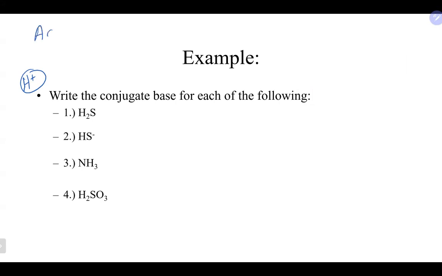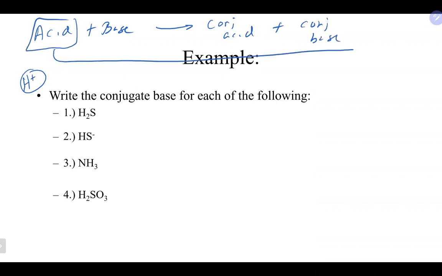If we have an acid and a base on one side of the equation, on the other side we have the conjugate acid and the conjugate base. The acid is related to the conjugate base, and the base is related to the conjugate acid.